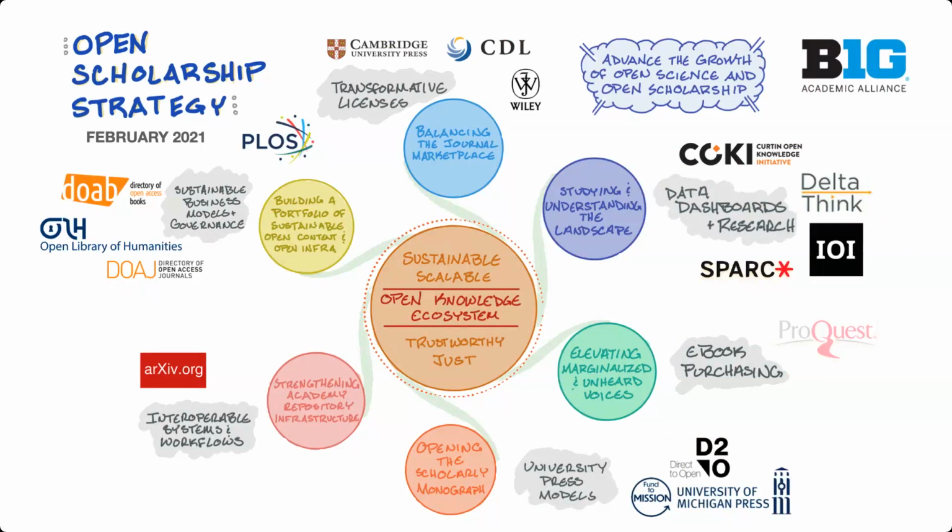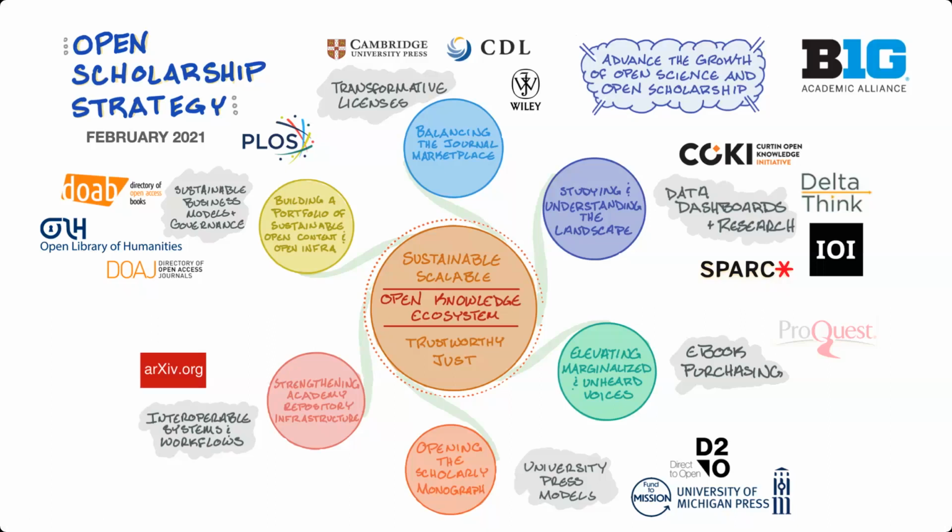This is a complicated slide that you see in front of you, but it shows the areas on screen which are the Big 10 academic alliances' open scholarship strategy areas of focus. We're currently aiming our sights on open publishing rather than open science or open research data.